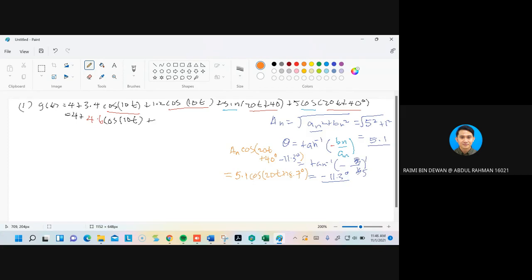Only then you put here: it is 5.1 cos 20t plus 28.7 degree. Something like that.